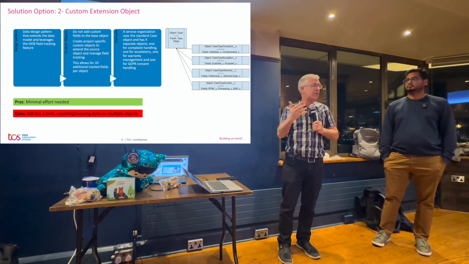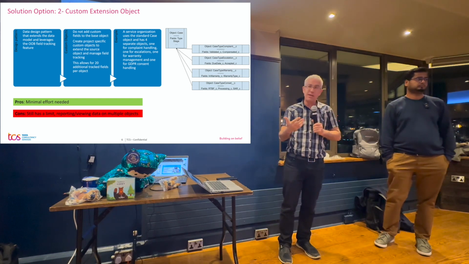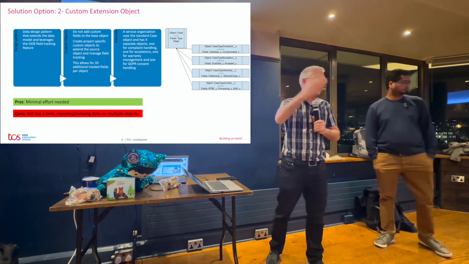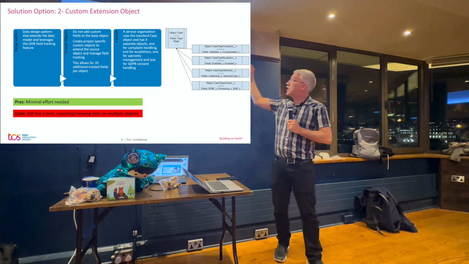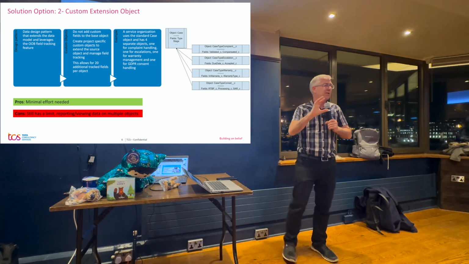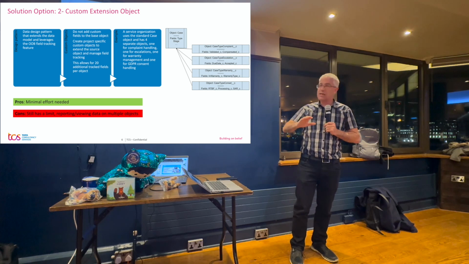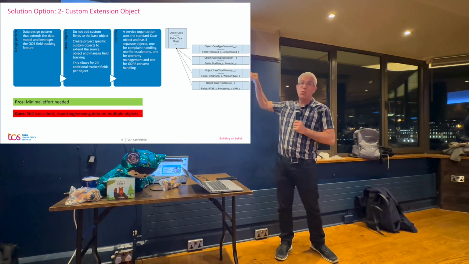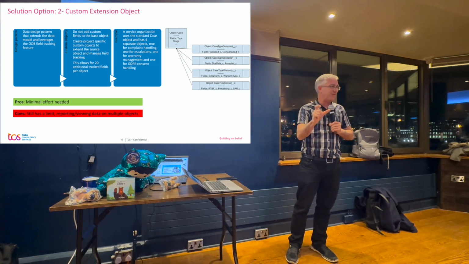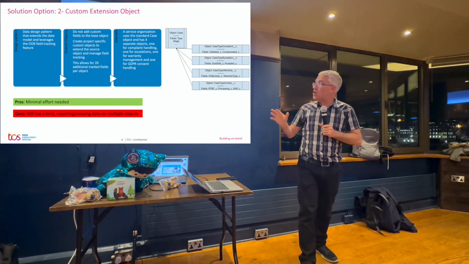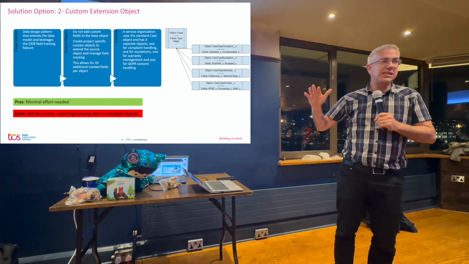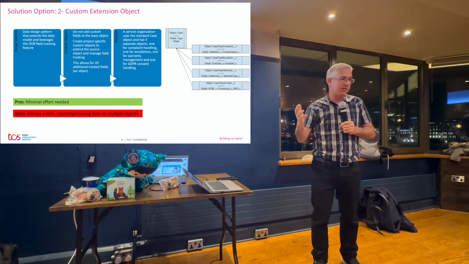If you're a Java developer, you might be familiar with the extension pattern. Rather than stick all of your custom fields on case, you can create your extension object. It's good for separation of functionality, and it also means that each one of your objects gets another 20 fields to extend. That's the pro, and it's relatively minimal effort.